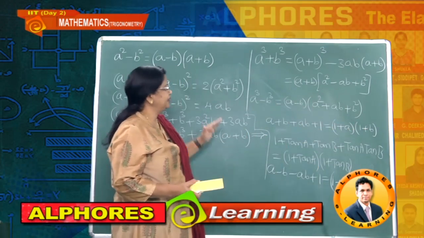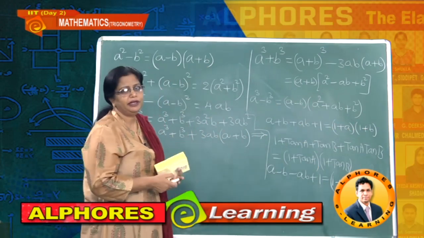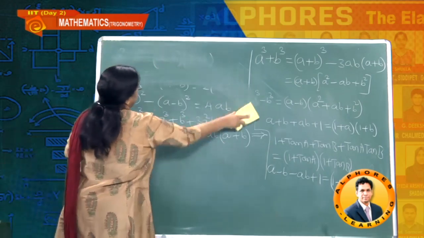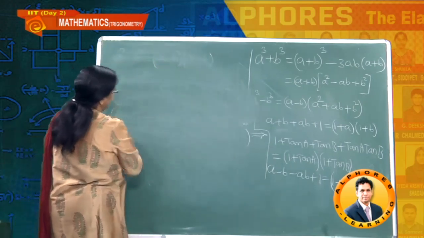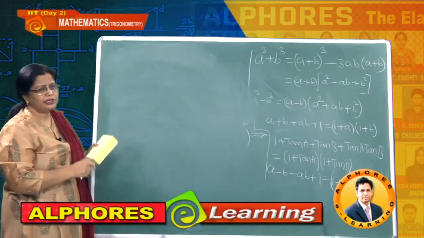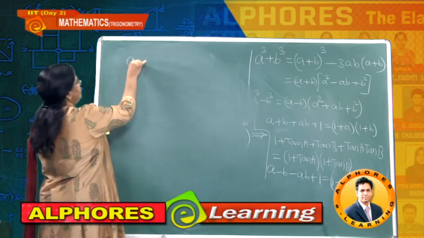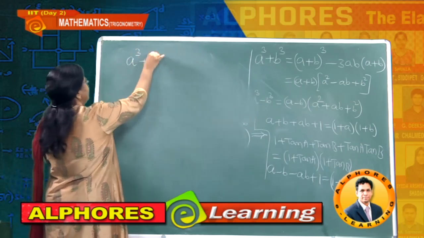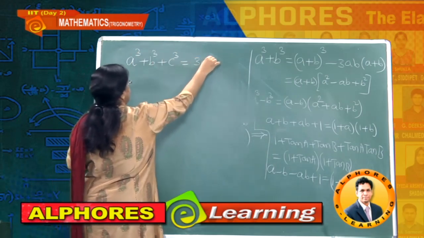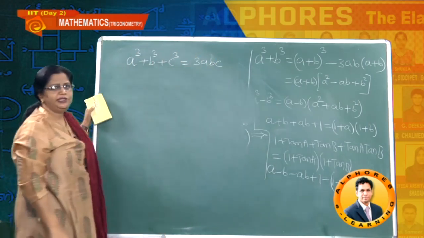So students, these are some of the important formulae. Not only this, you can use the other formula. This is a very, very important formula in algebra, not only in trigonometry but in other chapters also. That is a cube plus b cube plus c cube equal to 3abc. All of you know about this equation.